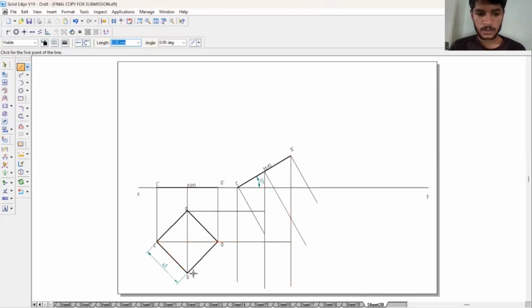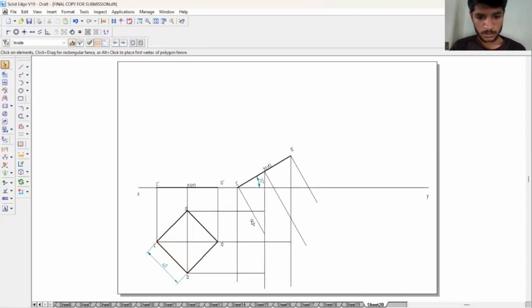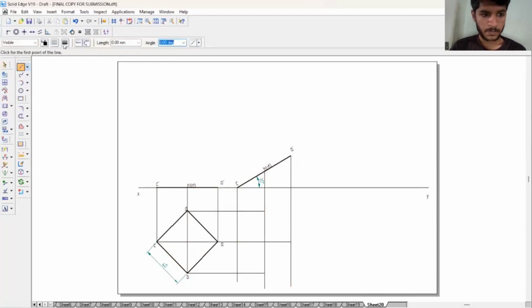Let's draw the end points, fill the lines and let's delete these three lines. It was just for our reference. Now let's join the endpoints.